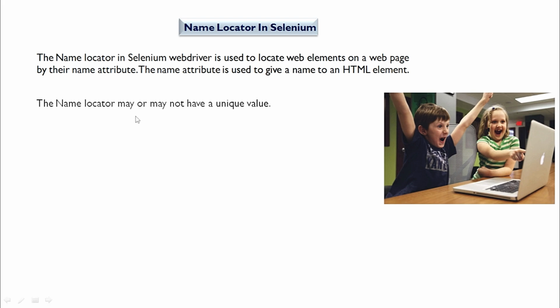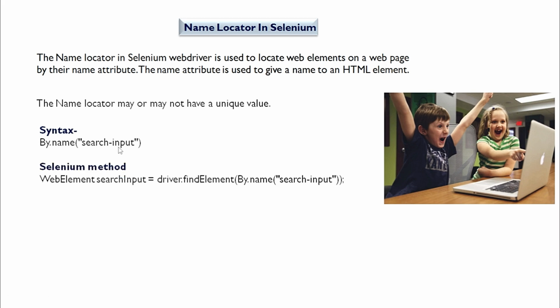It means if the name locator has a static value and this is a unique value, then you can go with the name locators, and if you have multiple values and these are dynamic values, then you should not go with the name locator in the Selenium WebDriver. This is the basic syntax, By.name, and you can provide the value of the name attribute.